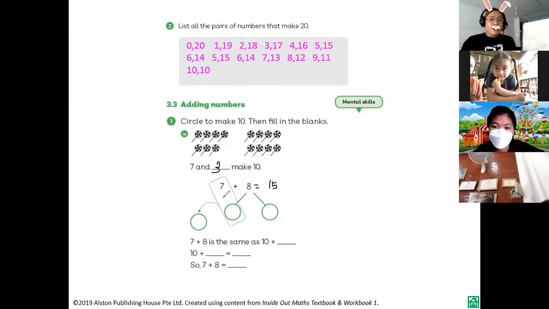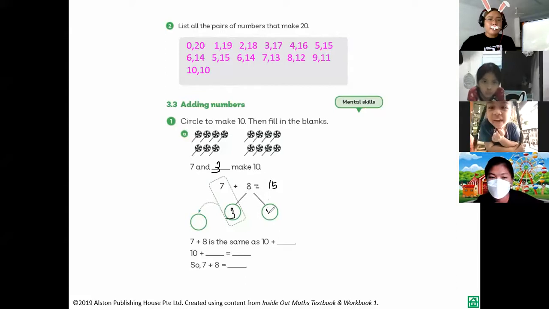And what are the numbers to make 8? 3. 5. Okay, so 7 and 3 make 10.